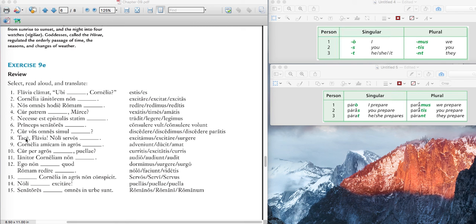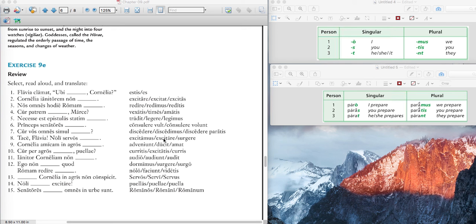Now, this one is a little bit different. This is be quiet, Cornelia. Don't wake the slaves. Now, this noli is used with an infinitive here. Noli excitare. Don't wake up. That's covered in chapter, it's either 9 or 10.